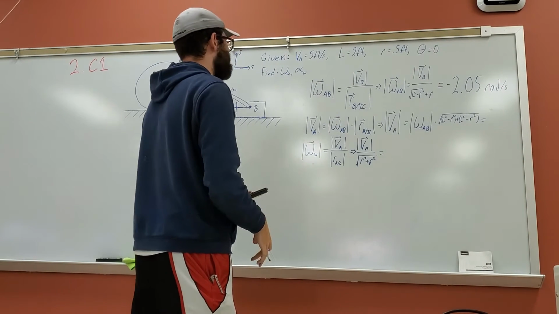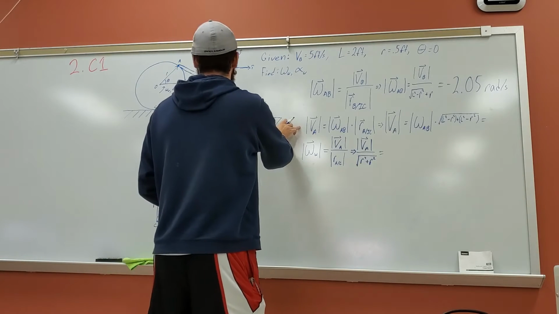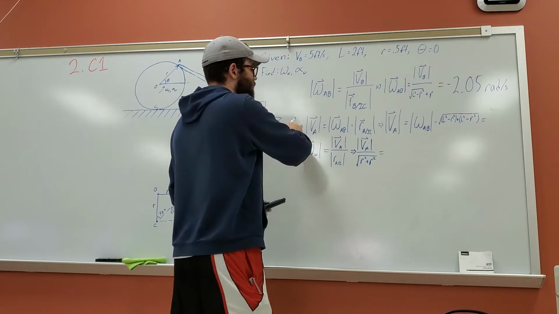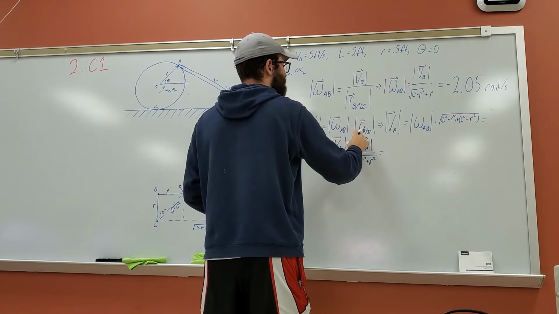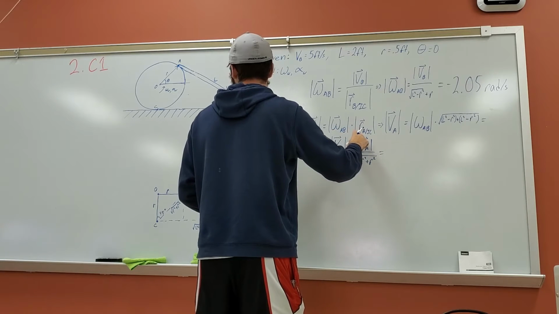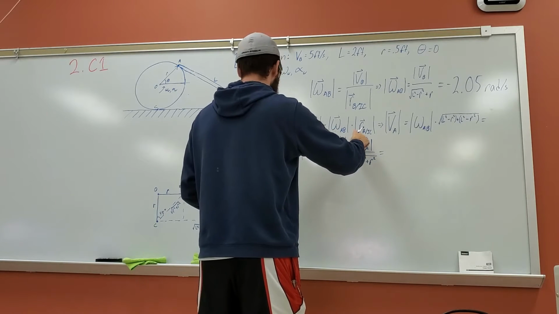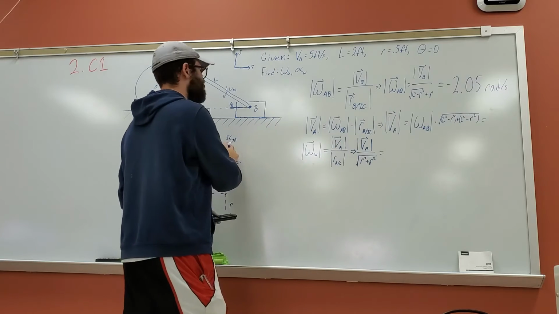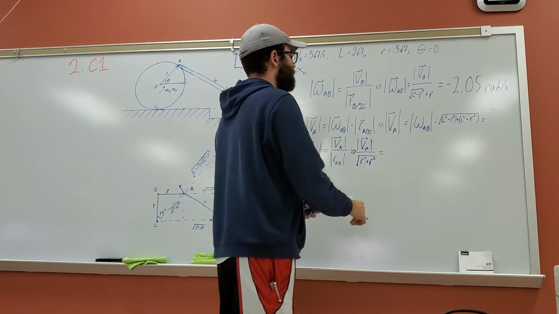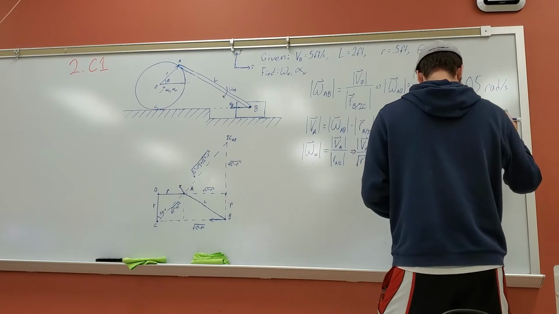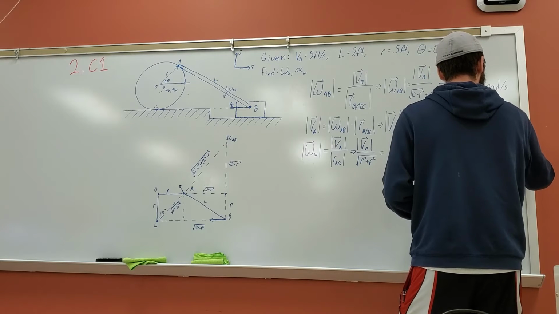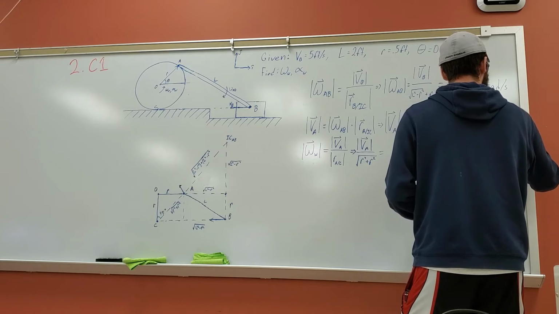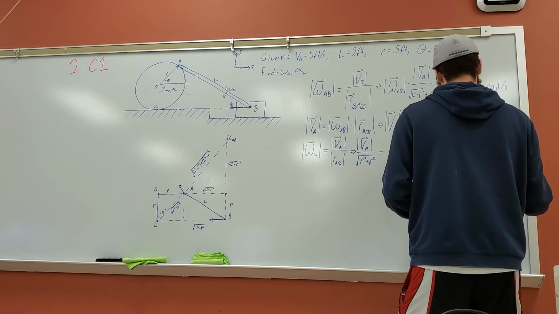And so using that, we can find the velocity of A, which will be omega AB times the relative distance between A and the instant center for AB. And so that will come out to be 5.62 feet per second.